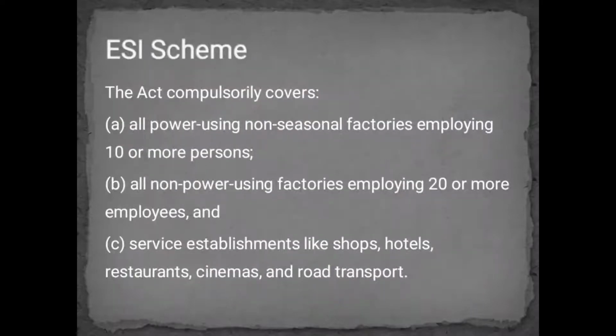Next, the Act compulsorily covers what all things that this ESI covers. One thing, all power using non-seasonal factories employing 10 or more persons. Now whichever factories use power, meaning electricity.